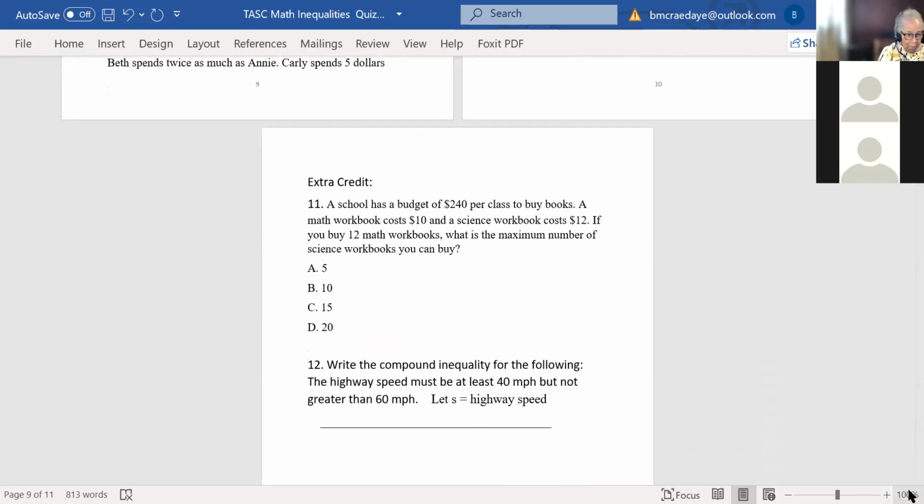Okay, so complete those, email or text me the answers. Next time we will go over these in class, and then we'll be doing algebra. Any questions on anything we've gone over?